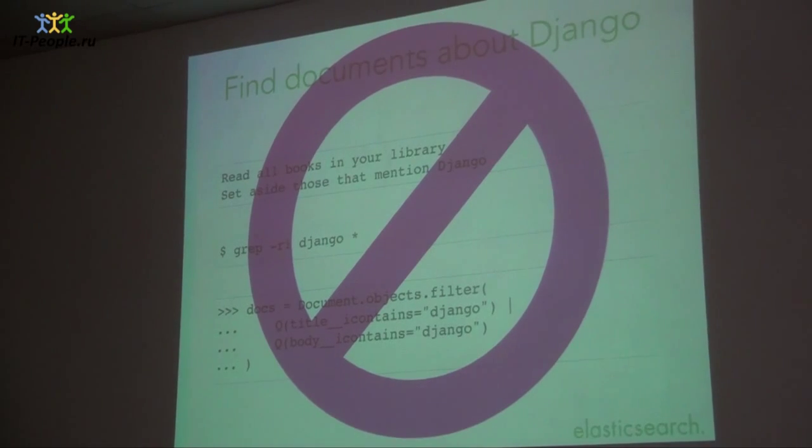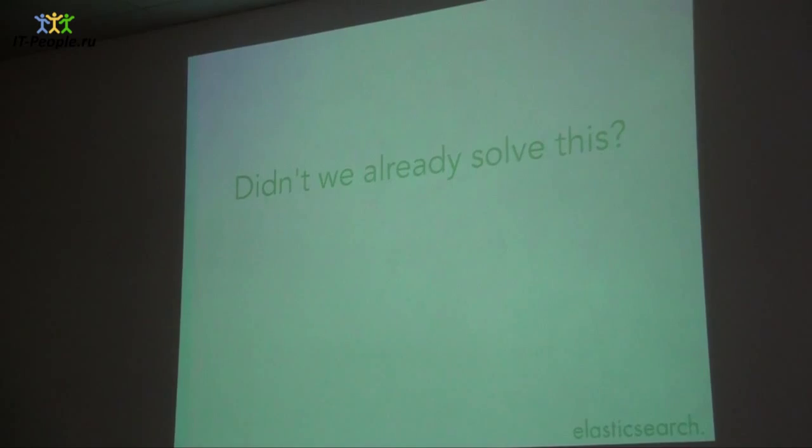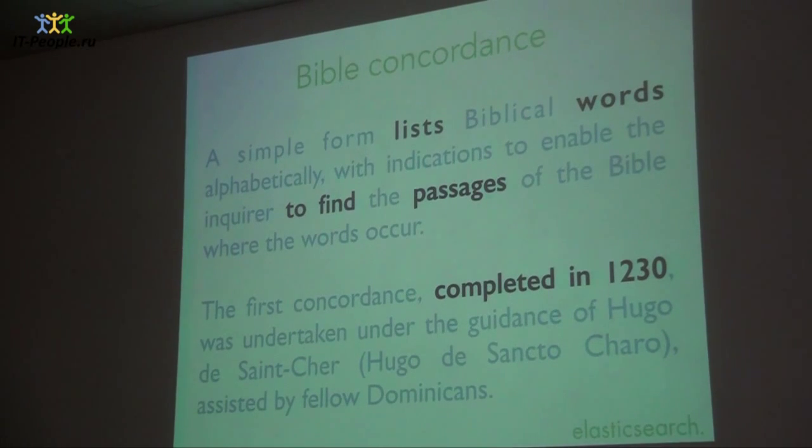But surely this is not a new problem. Surely we must have solved this already. And indeed we have. In a monastery far, far away, in the year 1230, I'm sorry, I was a little pessimistic here.